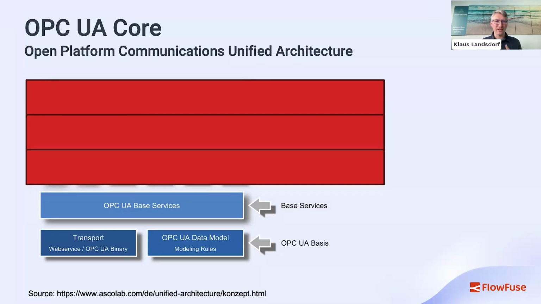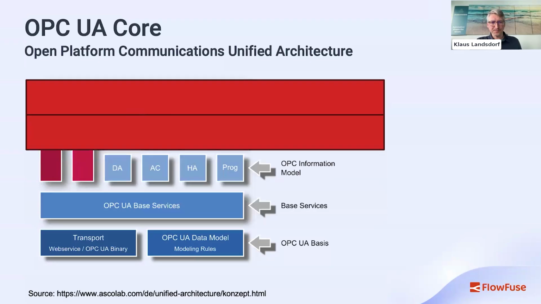The services could be read, write, browse, but also calling a method. Calling a method is important to give some parameters, call the method, and, as we like in programming, get a result. Does it work? Does it not work? Is the parameter correct or something like this? And there it started that OPC UA was not just a protocol. It was really a technology that you can use.